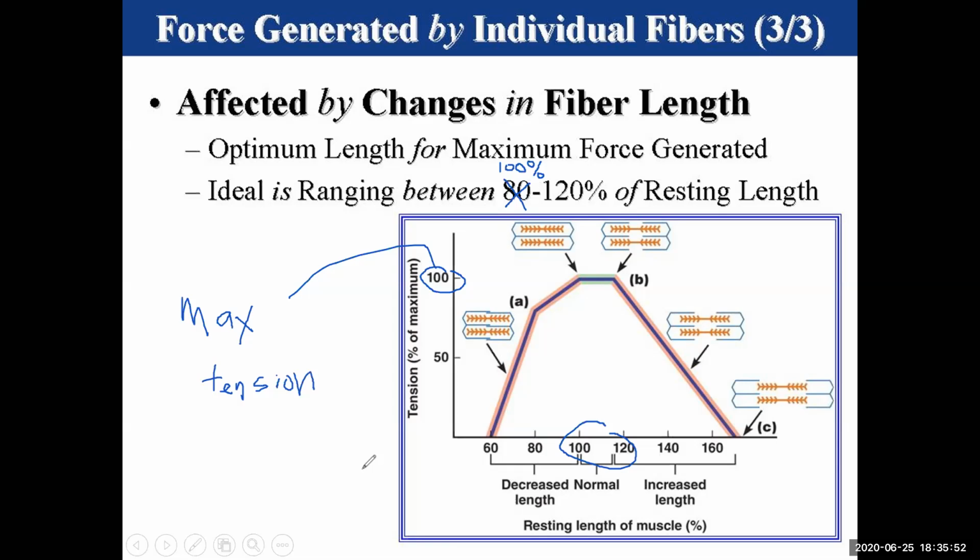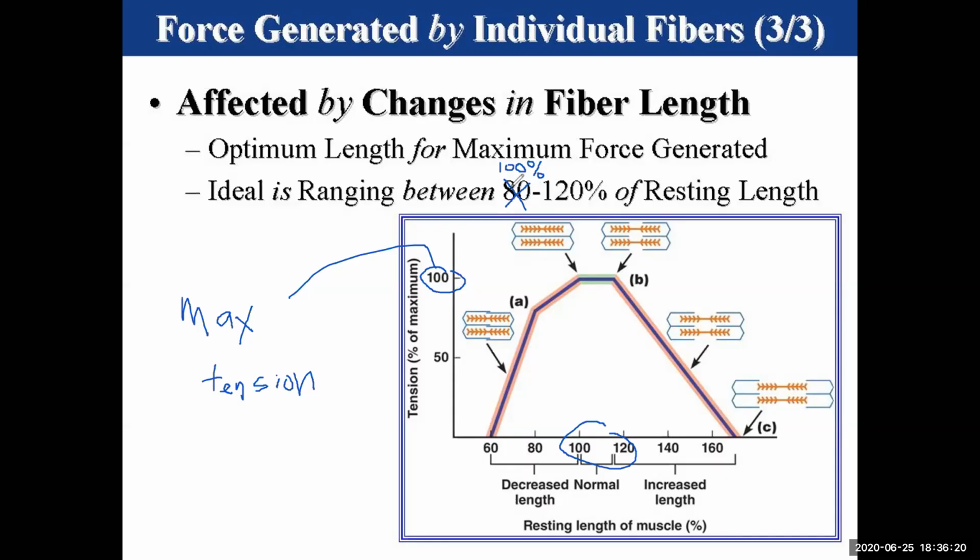So if your skeletal muscle fiber at rest, before it contracts, has a length anywhere from 100% of its normal resting length or slightly stretched out to 120 of its resting length, it will be able to generate maximal tension, maximal force of contraction.